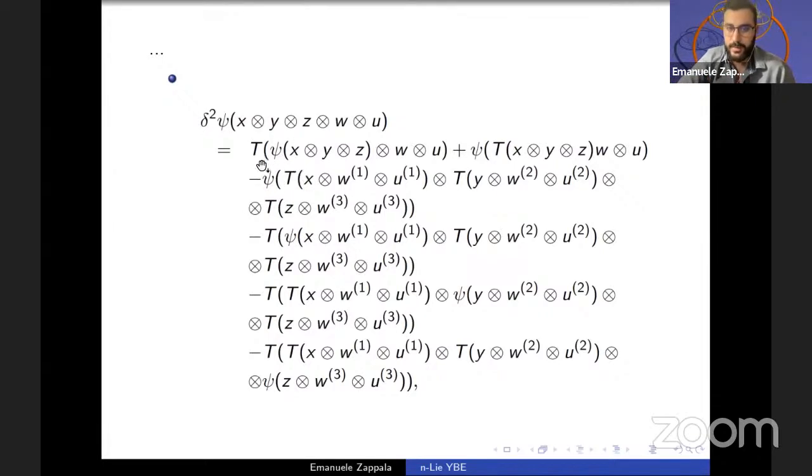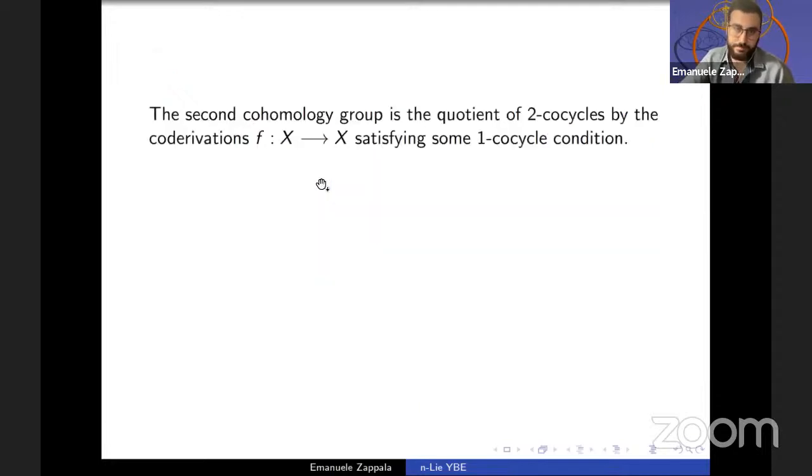Interestingly, there is also the ternary operation appearing outside of psi, and this doesn't show up in the traditional quandle cohomology theory. But this is because of the deformation theory. If you remember the deformation theory of Lie algebras, you get basically the Cartan equation that has terms of this type with the binary bracket outside and then the psi inside. So this is the exact analogous term in this construction.